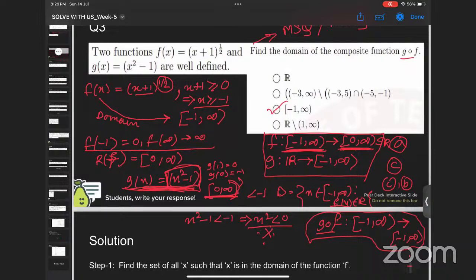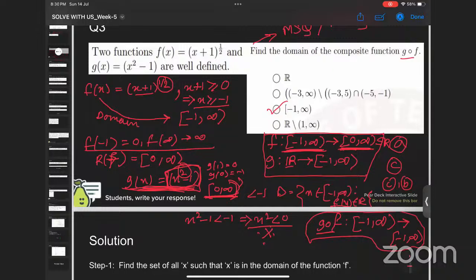We can take the square of any real number, and there is no fractional exponent. So we can take any real number. That's why the domain will be R. Any doubt? Understood. And let us check the other options.